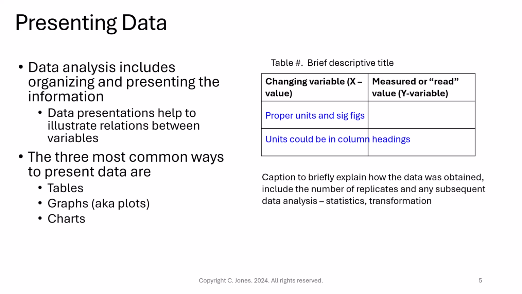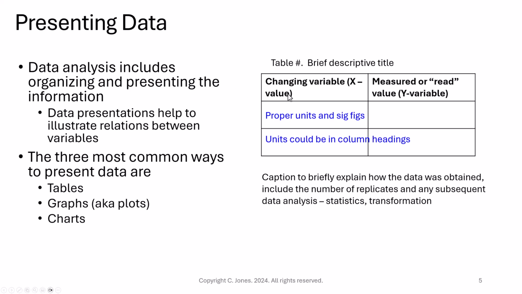The three most common ways to present data are tables, graphs, which are also known as plots, and charts. Here I'm illustrating some of the key things we want to think about if we create a table. Every table should have a brief descriptive title, right?